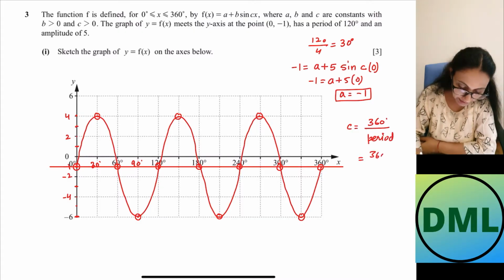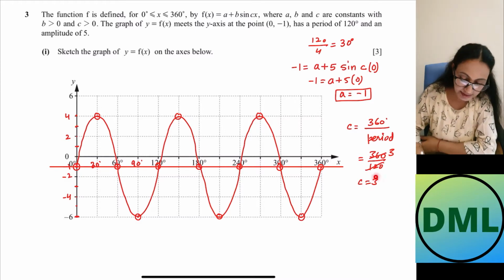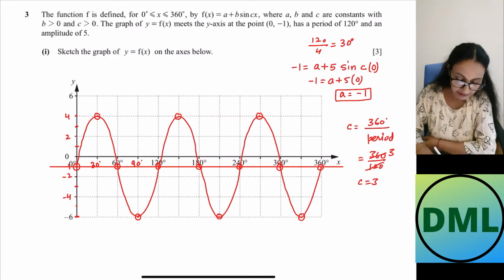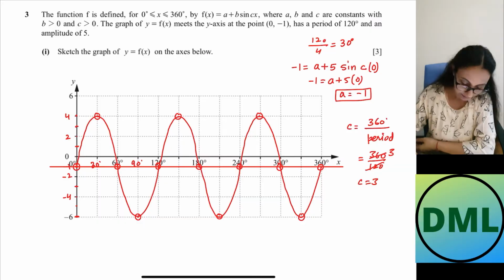Our period is 120 degree. So if I cancel it, the value for C is 3. This gives you that there are 3 cycles inside 360 degree. We have seen it from the graph. That means our values and the graph are correct.